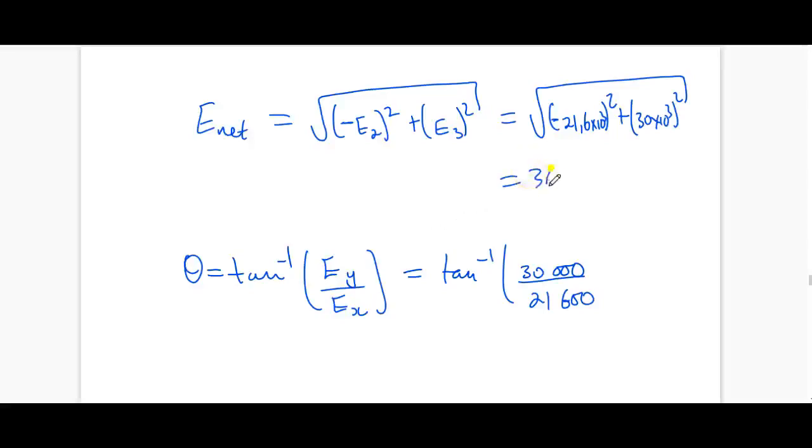So here we have 36.97 times 10 to the power 3 Newton per coulomb.